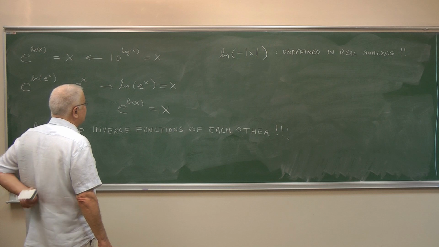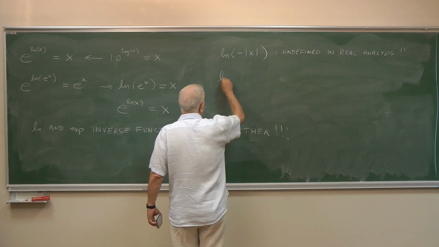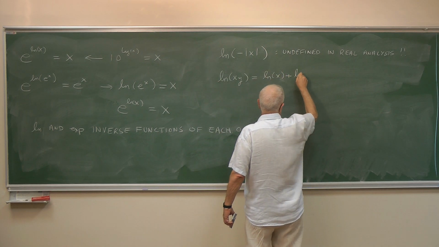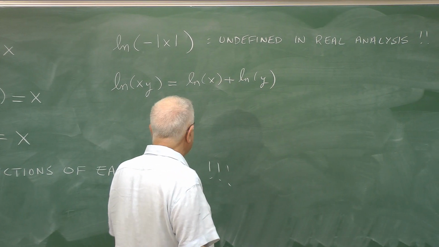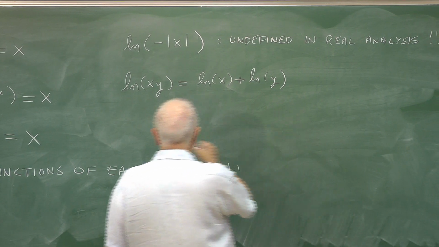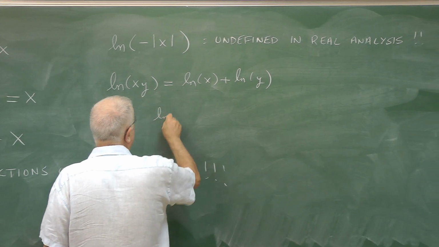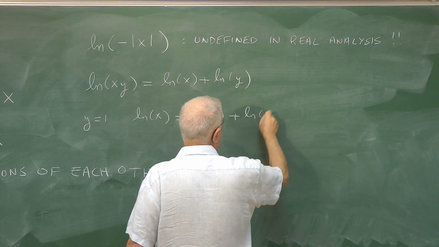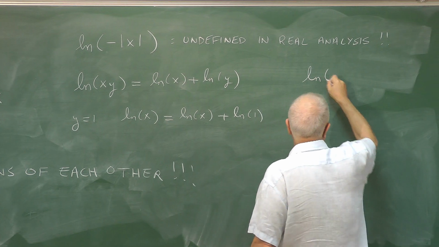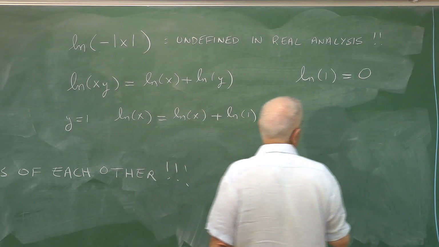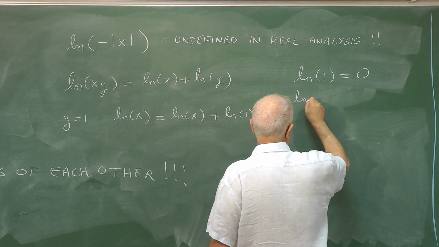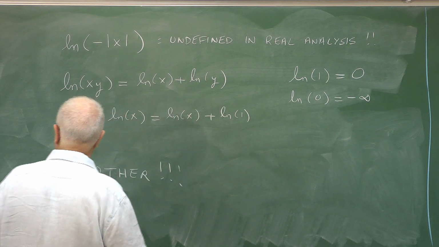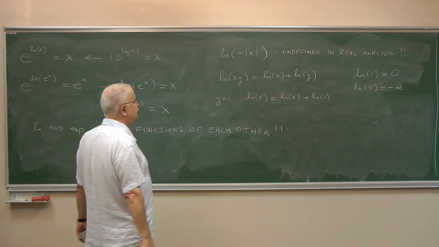But still, its algebraic properties are important. Let's go over them. We decided that ln xy was ln x plus ln y. Now let us set y equal to 1. Then ln x equals ln x plus ln 1, which tells me that ln 1 is 0. Not to be confused with ln 0, which is minus infinity from the basic definition here.